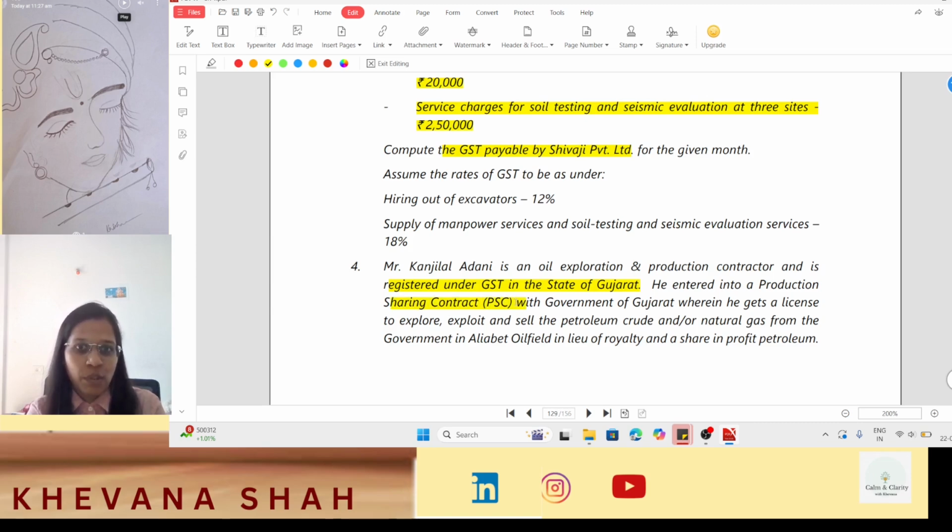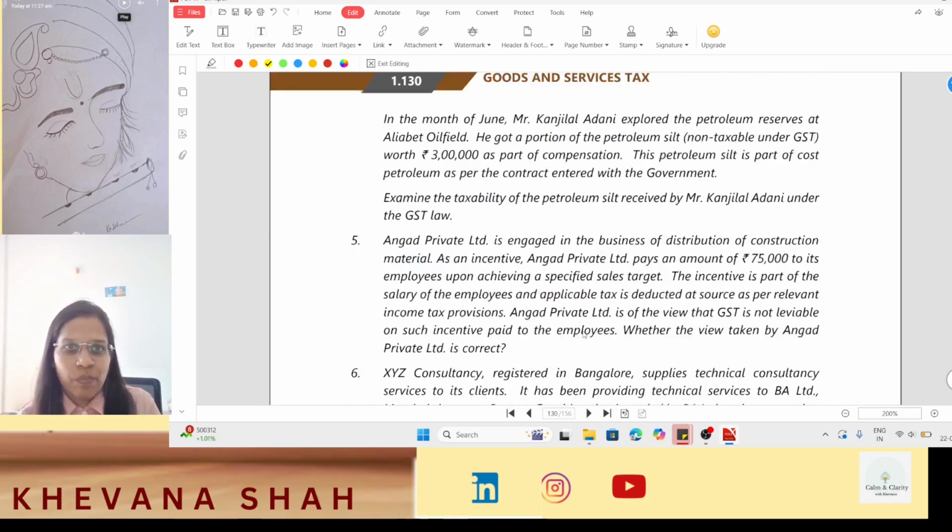So he entered into a PSC with government of Gujarat, wherein he gets a license to explore, exploit and sell the petroleum crude and or natural gas from the government in Aliabit oil field in lieu of royalty and a share in profit petroleum. So this is a case of production sharing contract, wherein he is getting the license to explore, exploit and sell the petroleum for royalty and a share of profit petroleum.